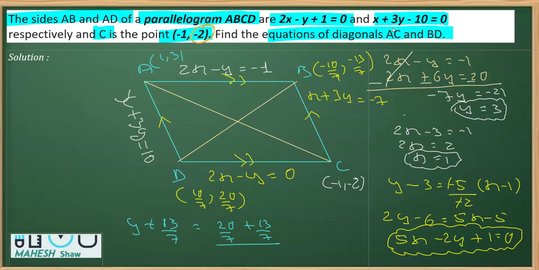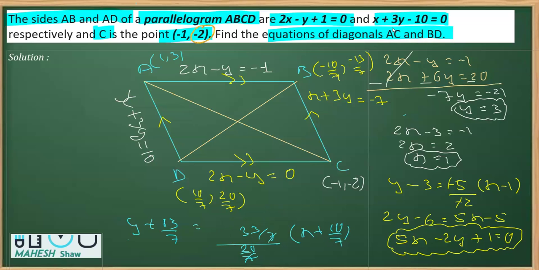So y2 minus y1 is 20 by 7 plus 13 by 7, and x2 minus x1 gives you 20 by 7. And x1, I've taken as -10/7, so it's plus 10 over 7. In the numerator you are going to get 33 by 7, and 7 over 7 will get cancelled.